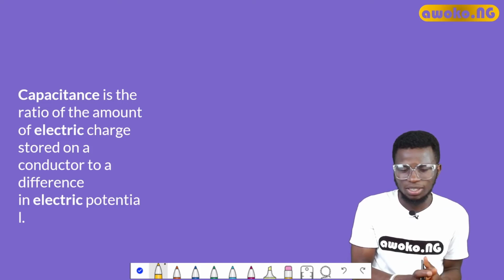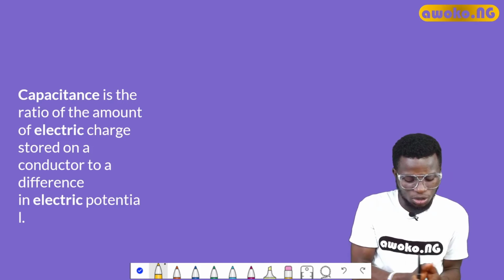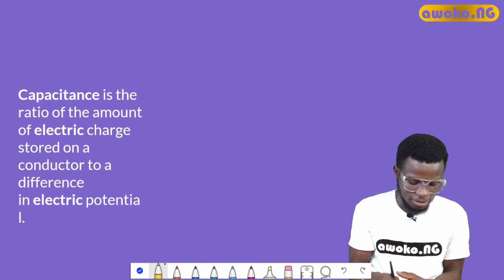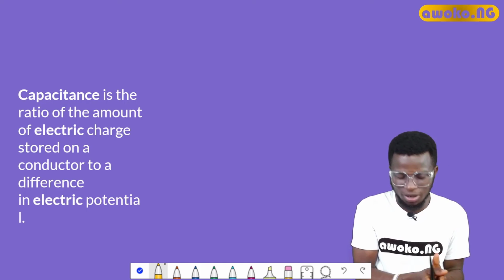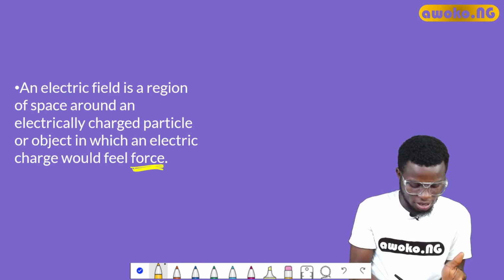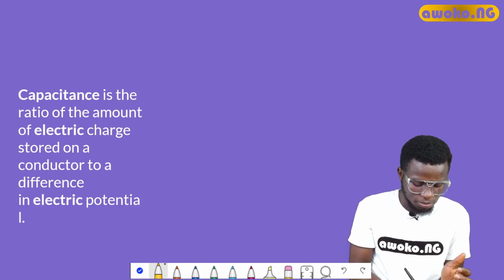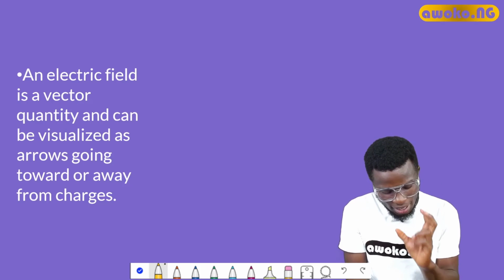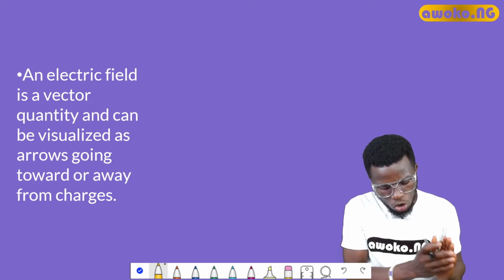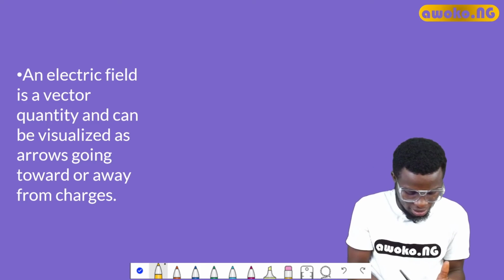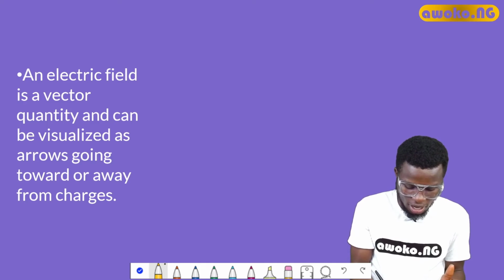But let's see what capacitance is. It is the ratio of the amount of electric charge stored on a conductor to the difference in its potential. So we have our answer already as the electric field. To buttress that, an electric field is a vector quantity and can be visualized as arrows going towards or away from a charge. Let's say this is the charged body.